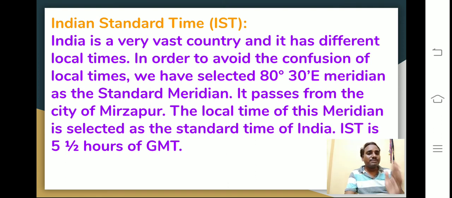The local time of this meridian is selected as the standard time of India. It is in the eastern hemisphere, therefore we are ahead of the Greenwich Mean Time, by 5.5 hours.